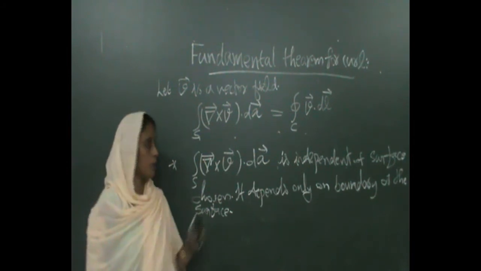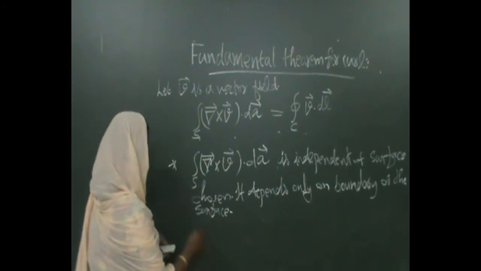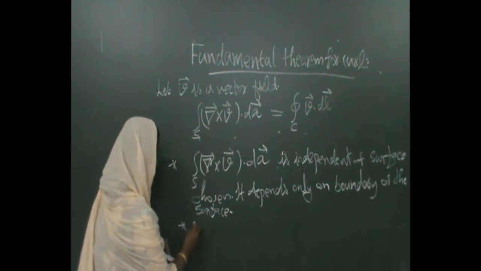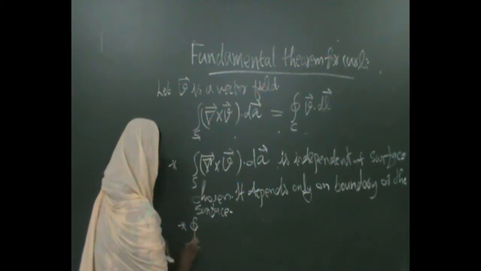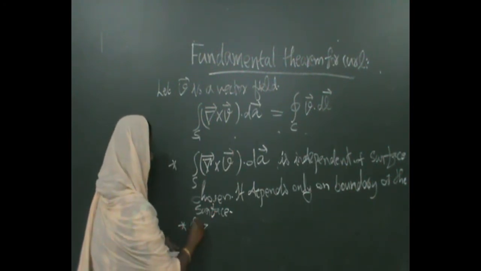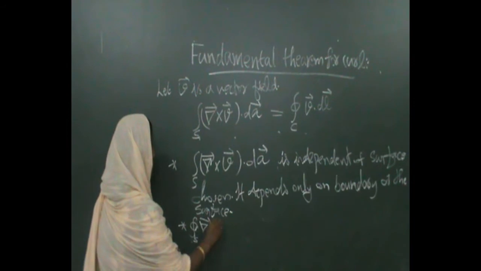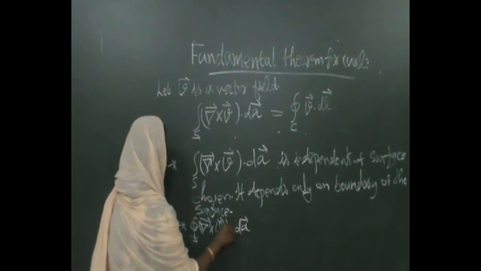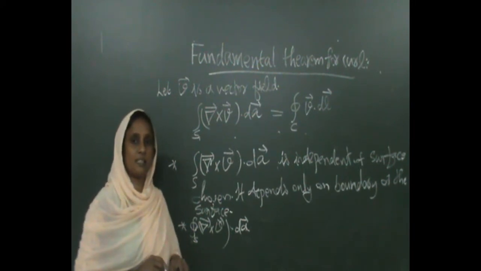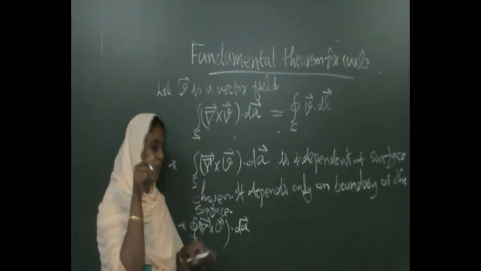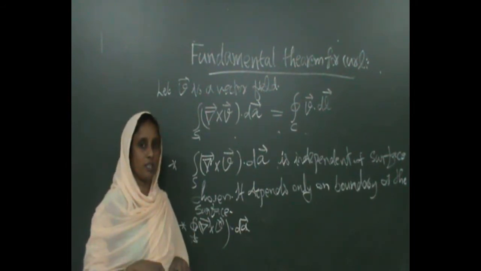Similarly, if we find the surface integral of del cross v dot dA over a closed surface, the boundary shrinks to a single point, because this surface is a closed one.